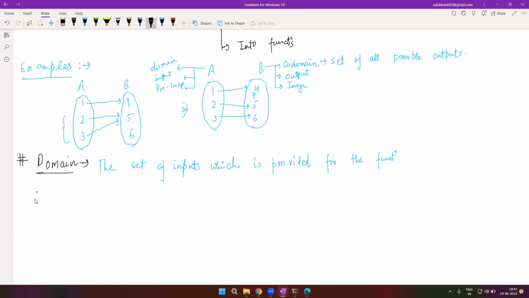Then come to codomain. Codomain is your set of all possible outputs.